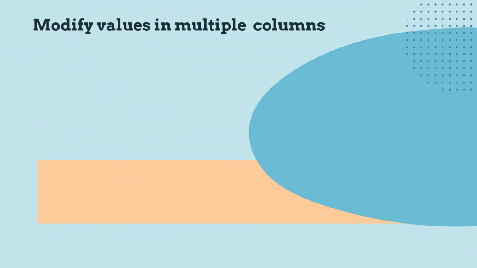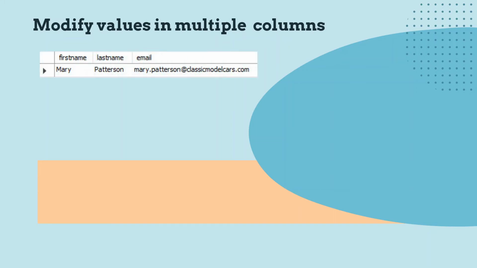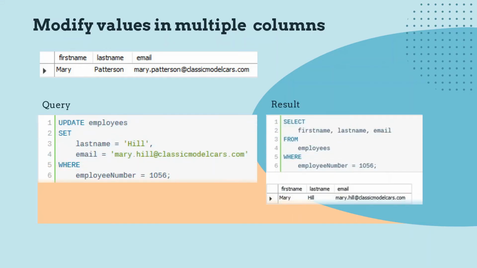Then, if we want to update values in multiple columns, we can specify the assignments in the set clause. For example, if we want to update the last name and email columns of the employee with employee number 1056, that is Mary, we can use this query. Update employees, set last name to Hill, and email to mary.hill@classicmodelcars.com, where employee number is 1056.